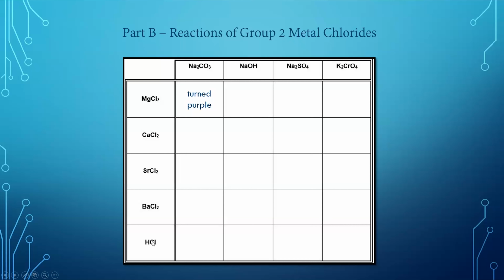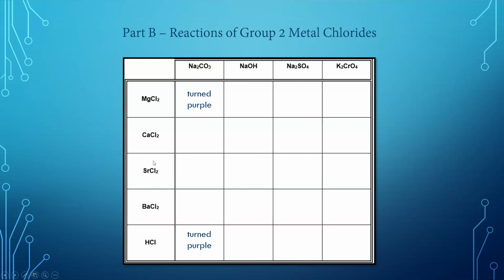So let's suppose we mix the hydrochloric acid by itself with sodium carbonate, and it also turned purple. What is our conclusion? Well, of course, that tells us that it was truly the hydrochloric acid that reacted with the sodium carbonate and not the magnesium chloride. So our final conclusion would be that magnesium chloride did not react with sodium carbonate.